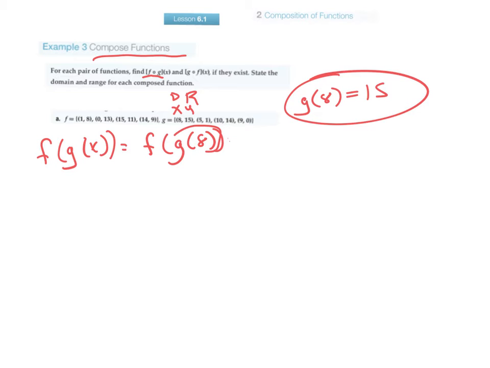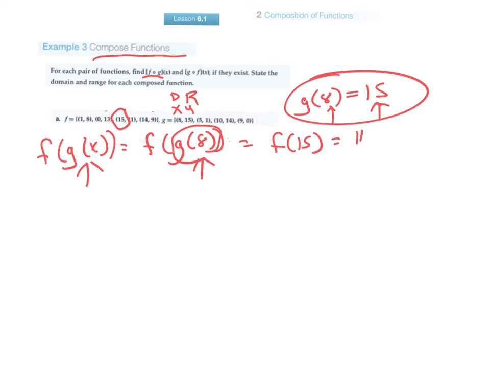The G of 8 equals 15, so in reality, it's F of 15. We just did the inside part by using this, which equals this. It's just substitution, and now I can take my F of 15 and look over here for the F of 15, which is right there, and it equals 11.